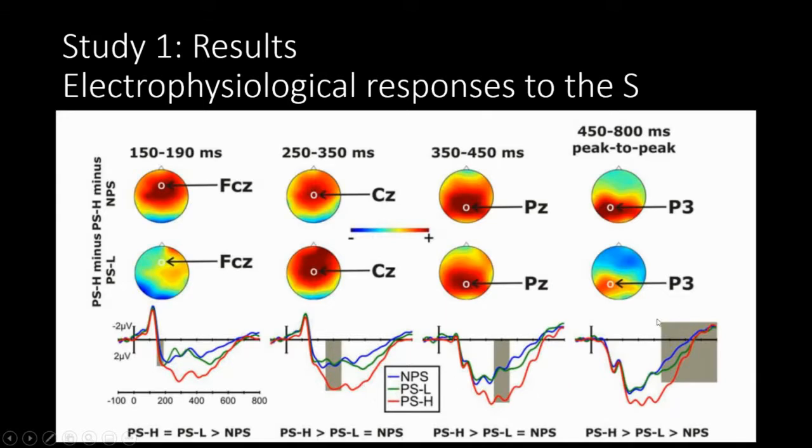And after that, the activity that we measured in the last part of the presentation of the stimulus distinguished between the 3 types of trials. So the PS high was larger, the PS low was smaller than the high, but larger than the non-predictive. So somehow the 2 factors were integrated at this moment.